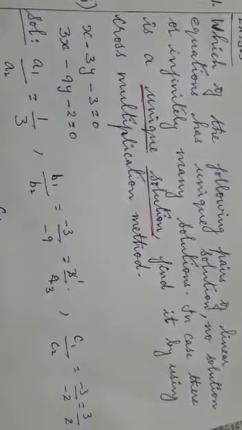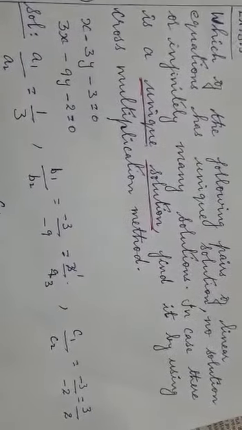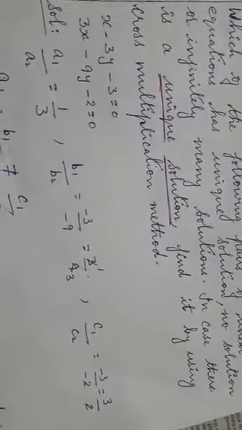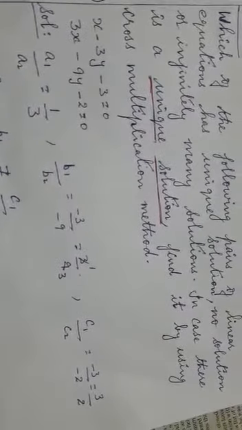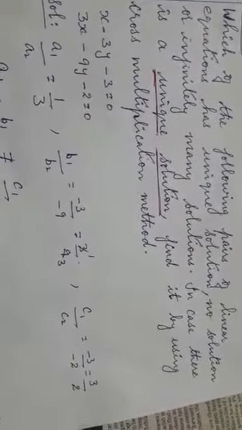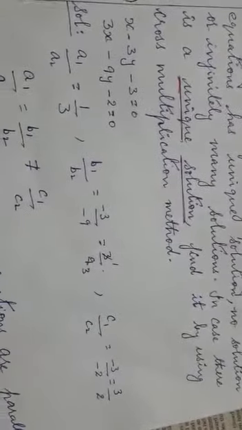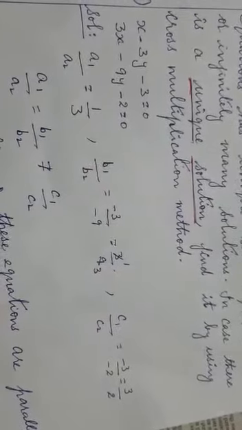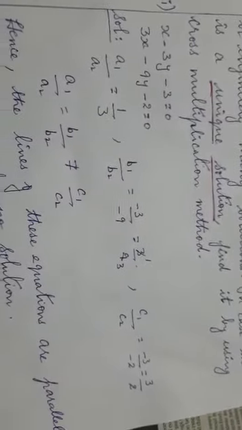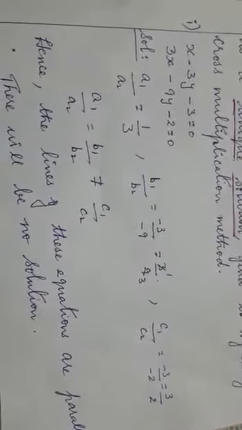So a1 by a2 is 1 by 3. Then b1 by b2 is minus 3 by minus 9. When you cancel you get 1 by 3. c1 by c2 is minus 3 by minus 2, 3 by 2. So here a1 by a2 is equal to b1 by b2 and not equal to c1 by c2. So this is the condition for parallel lines. So we have no solution for this.